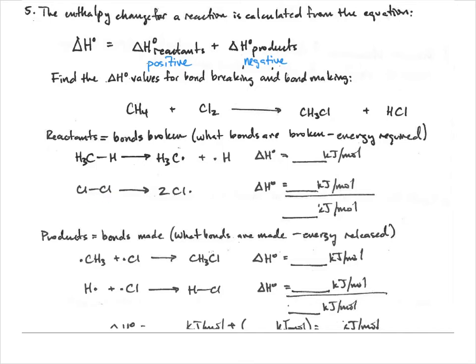So if we go to the table, we already saw what this value was for the first one. This is plus 435. Now let me ask you, what is the value for chlorine cleaving this bond that I should write here from the table? Just so I know that you're able to look that data up and understand it.